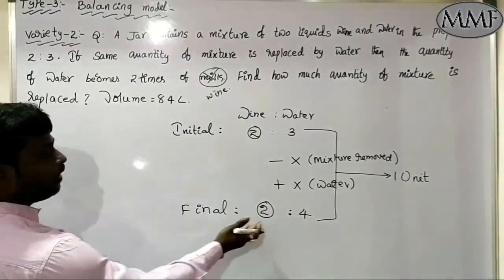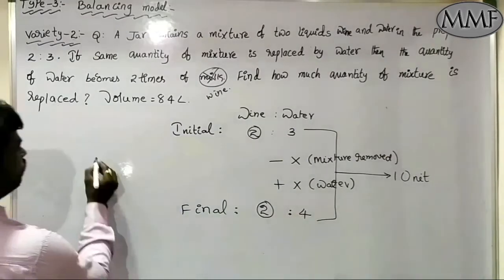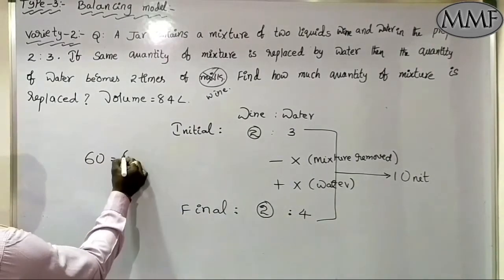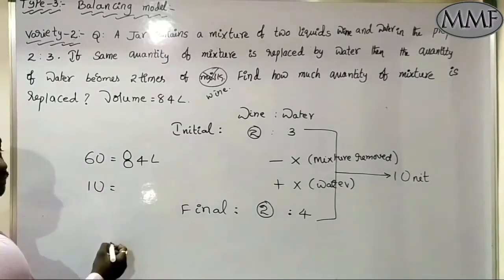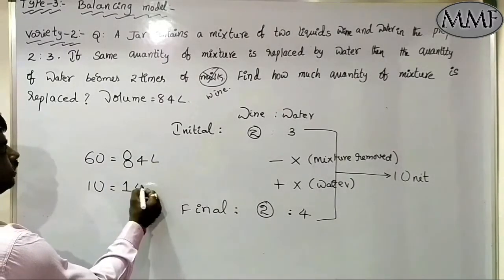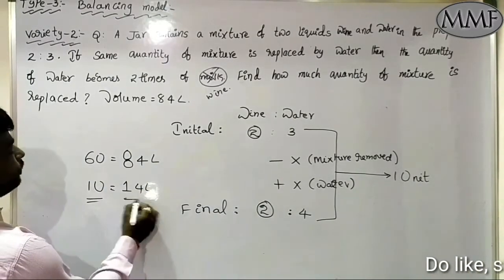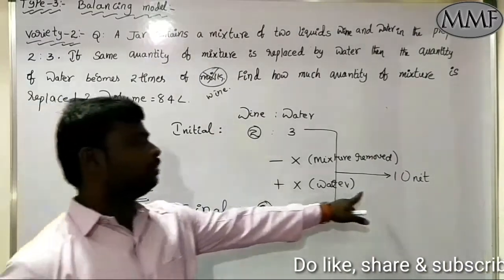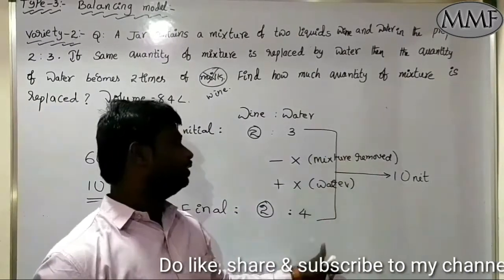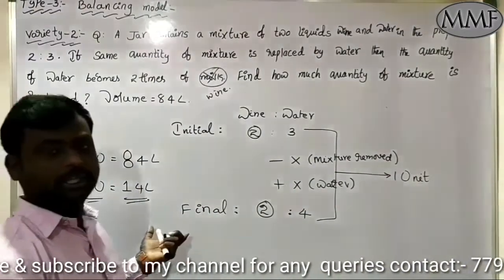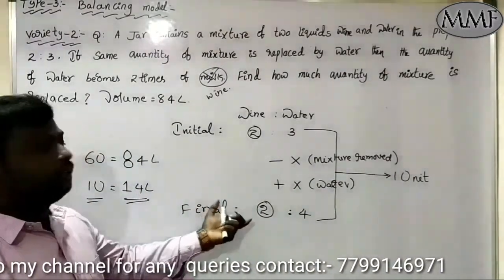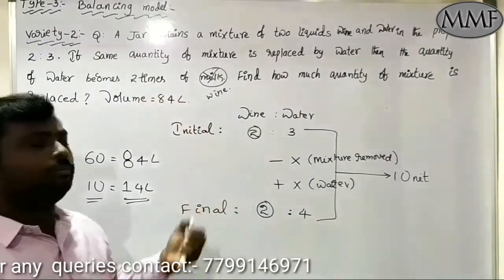So finally how much we are having? 2 plus 4, 6 units is nothing but 84 liters. What about 1 unit? 6 ones, 6. So 1 unit is 14 liters. I need to find which unit? 1 unit. So the replaced mixture is how many liters?